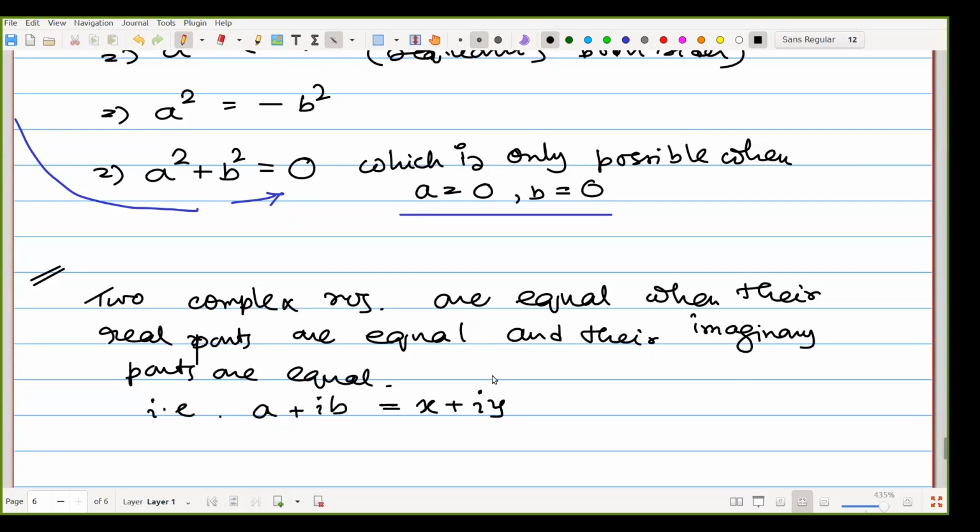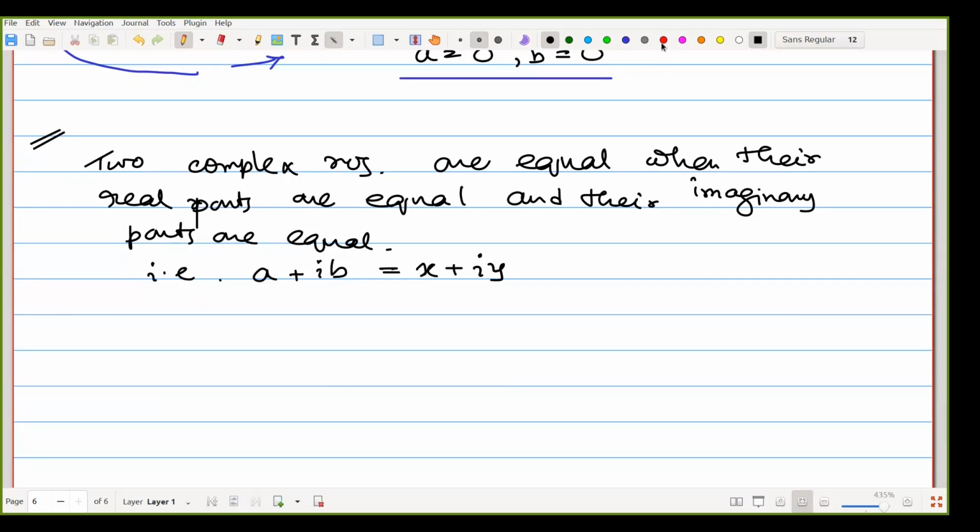Already said, we are writing that if and only if A is equal to X, that means the real part with the real part, and the imaginary part with the imaginary part.